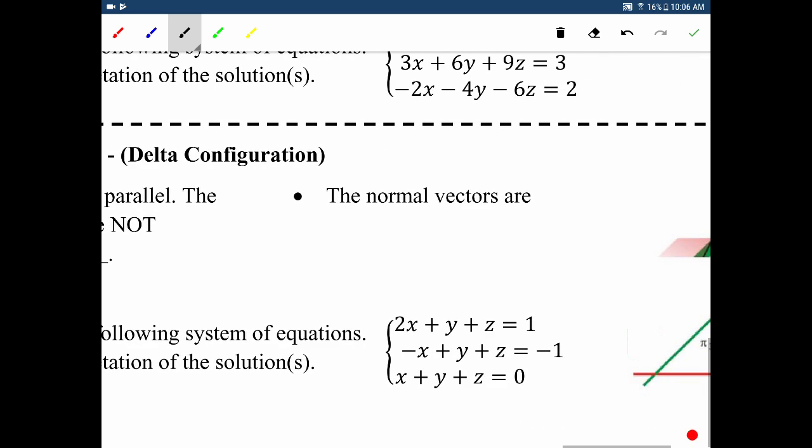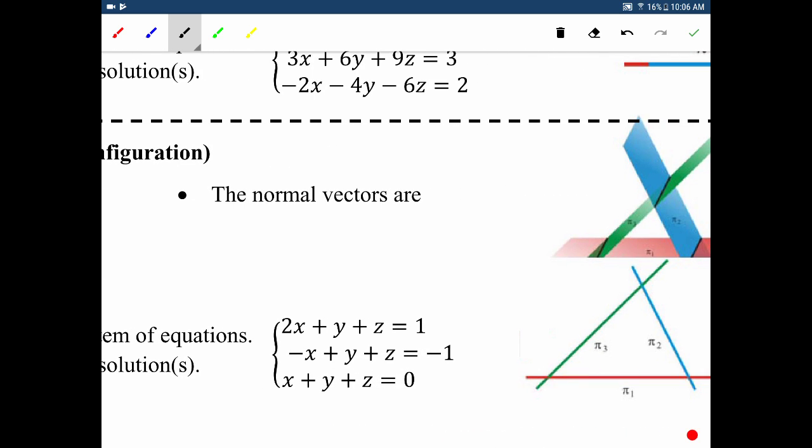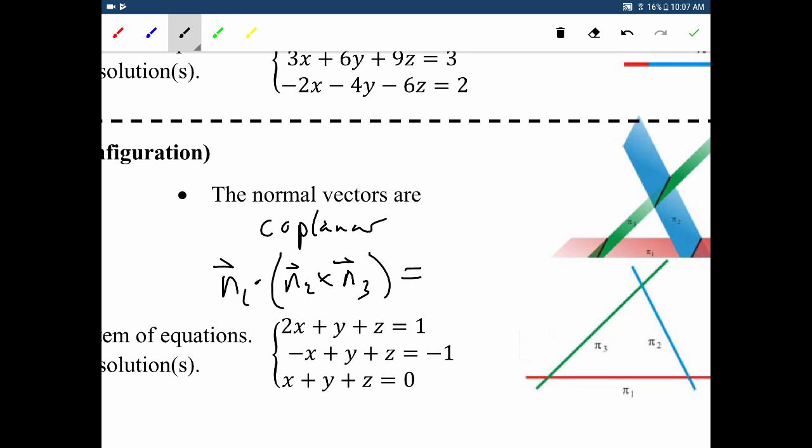And the normal vectors in this case are coplanar. So in other words, and we've said this before, if we took the normal of the first one, well, first we take 2 and 3, and we find the cross product, and then we take the dot product with the first one, it will give us 0.